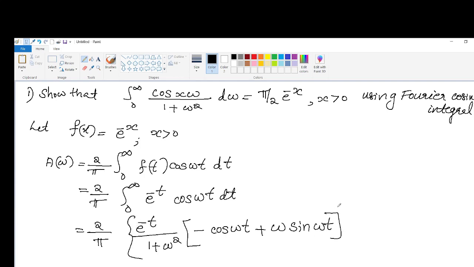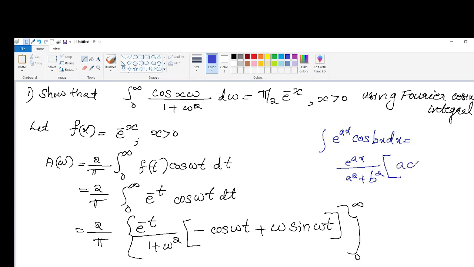This is by using the result: integral e raised to ax cos bx dx equals e raised to ax divided by a square plus b square into [a cos bx plus b sin bx].